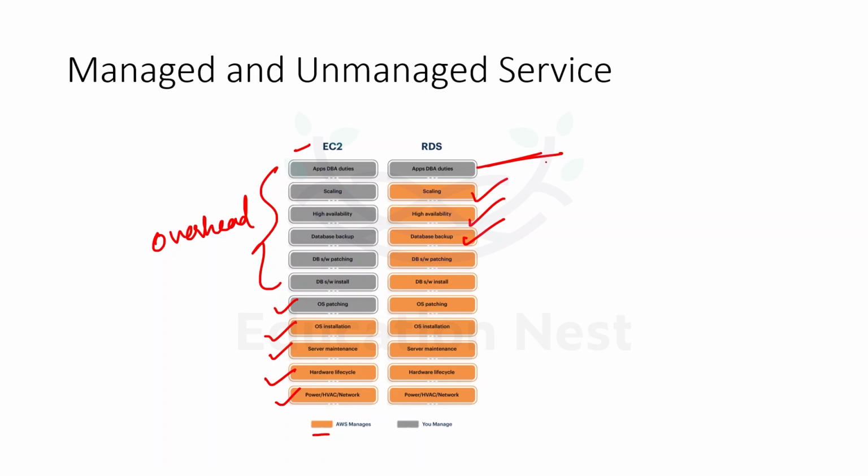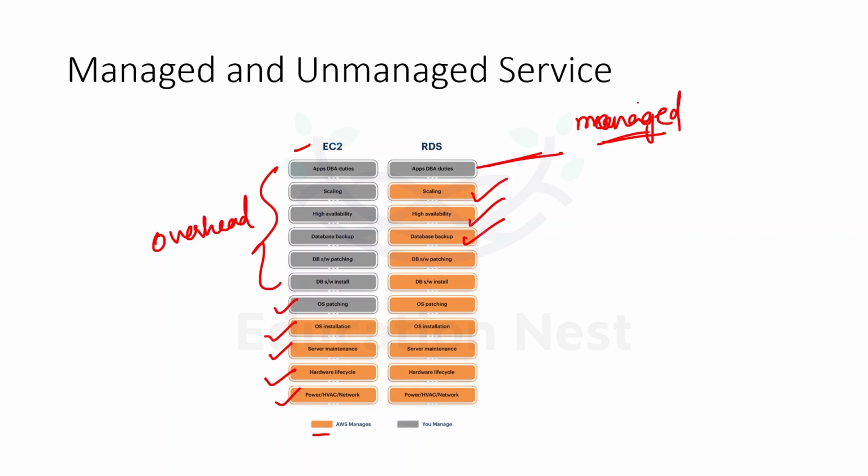That's why, when we discussed the different AWS databases, I was always emphasizing the word managed, because all the database services that we discussed in the previous slide were managed database services, like RDS, DynamoDB, and Neptune.